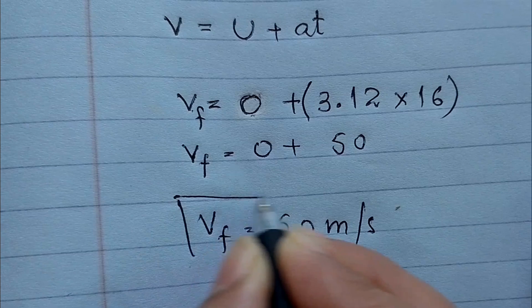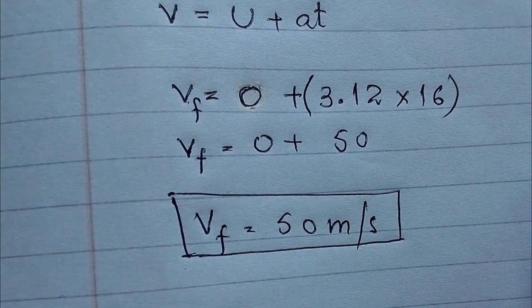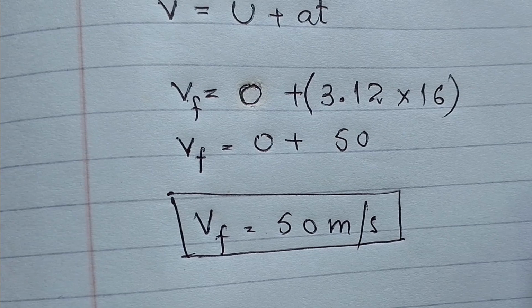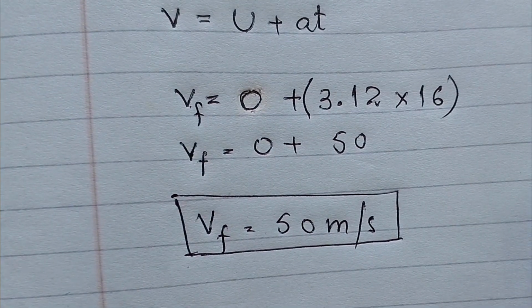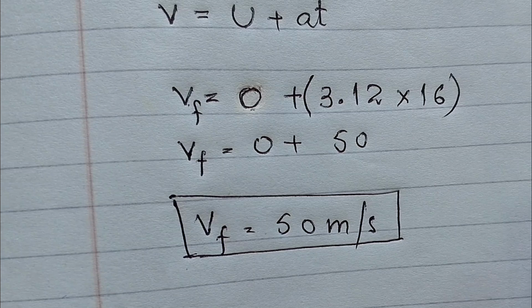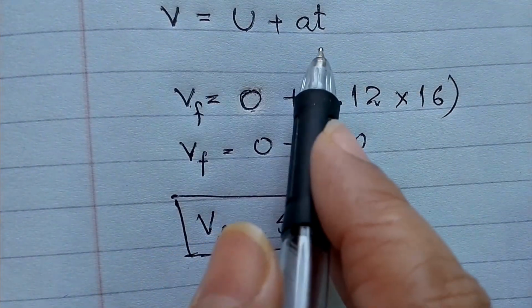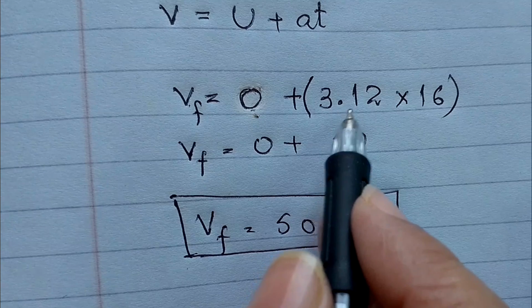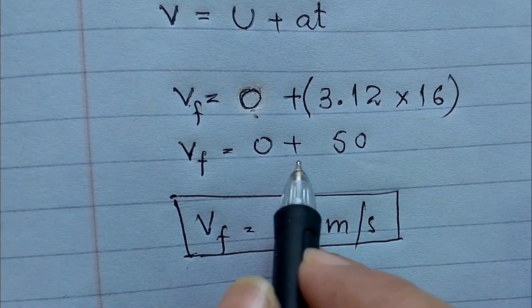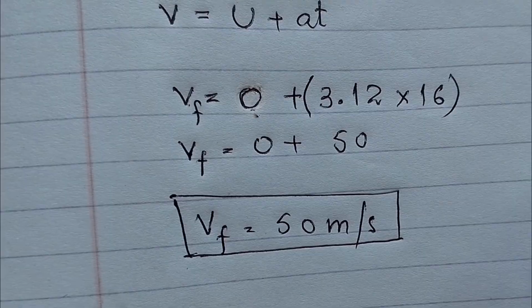But now we will convert this meter per second into kilometer per hour. This is the final velocity, which is found by using the first equation of motion, v is equal to u plus at. Now we put the values u is 0 and the values of a and t, and we find the final velocity, which is 50 meter per second.